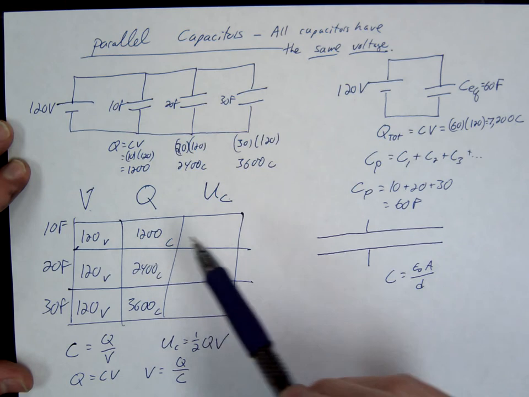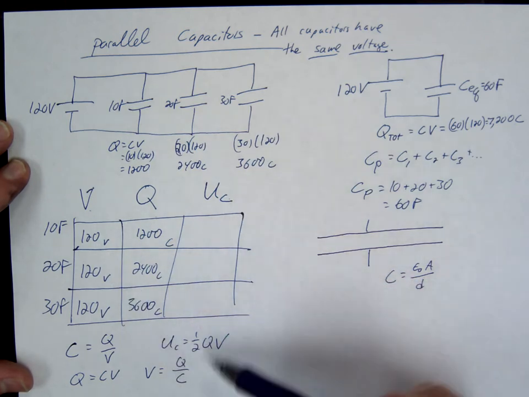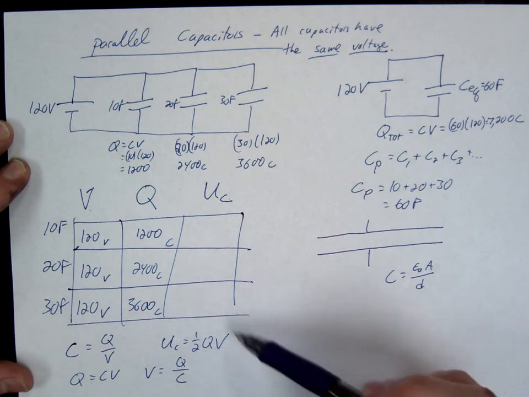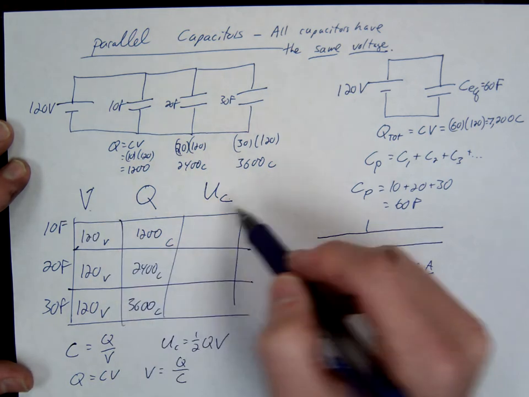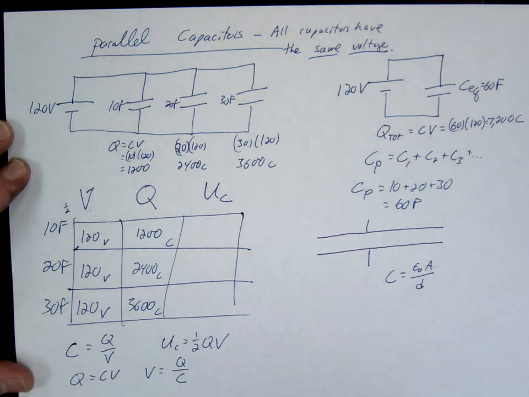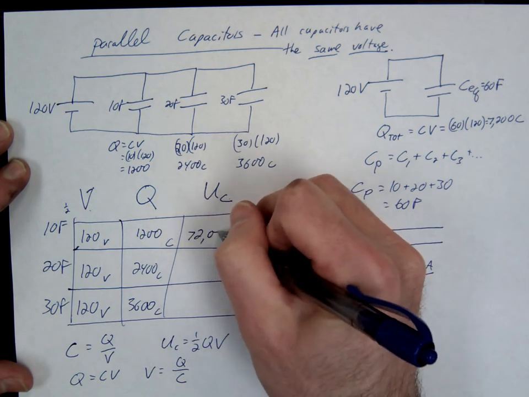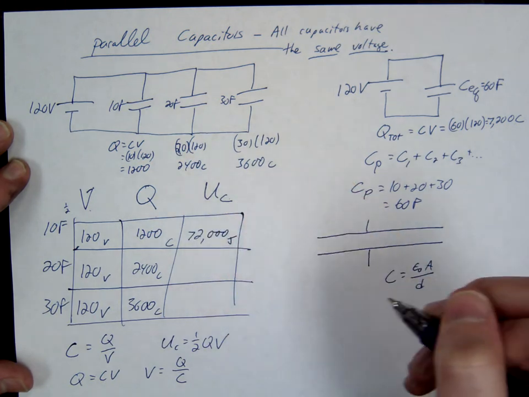Okay, last but not least, how do we find the U_C? 1/2 QV. So be careful, you're not going to simply multiply these two. Don't forget the 1/2. We're going to take 1/2 of V times Q. So this is 72,000 joules.